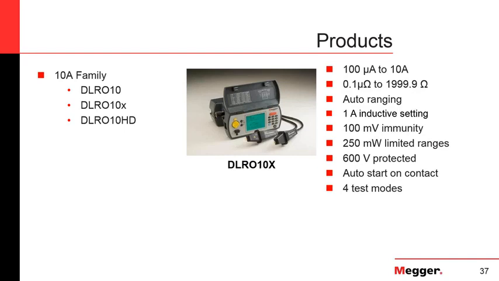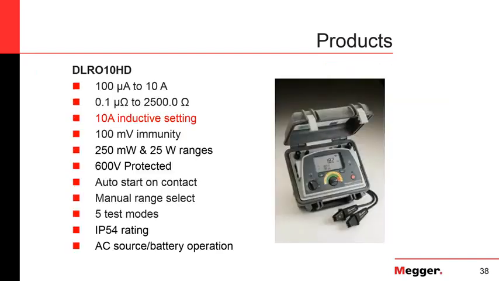I'm sorry, between 0.1 microohm and 2,000 ohms. It has auto range, and it's capable of measuring small inductive loads. Then we have the DLRO 10HD, which has a resistance measurement range between 0.1 microohm and 2,500 ohms.